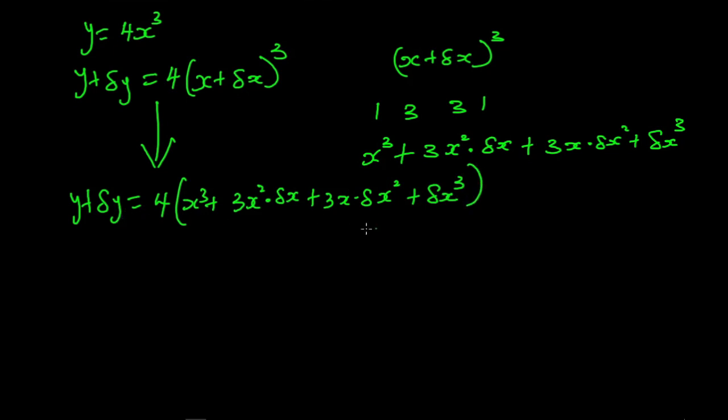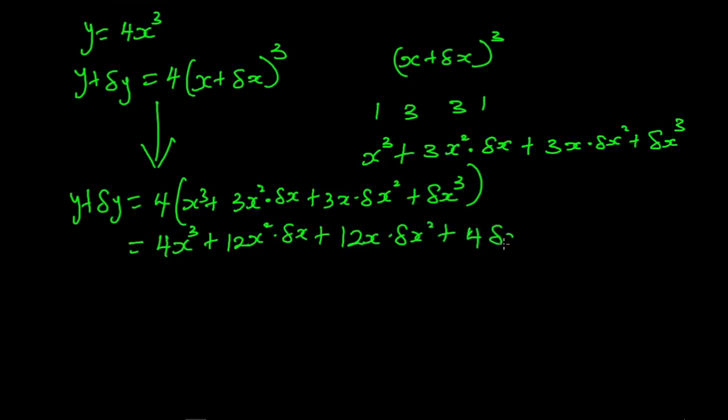Expanding this bracket, this is going to be 4x cube plus 12x squared delta x plus 12x delta x squared plus 4 delta x cube, and this is still the same as y plus delta y.